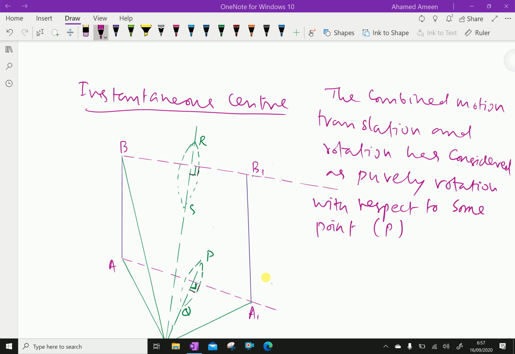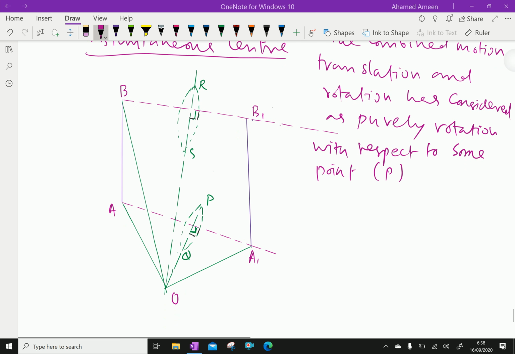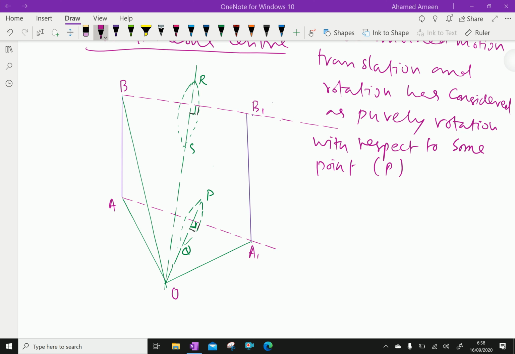Here that point, point O, is the instantaneous center of that motion.